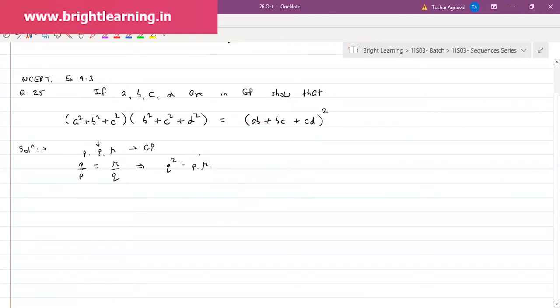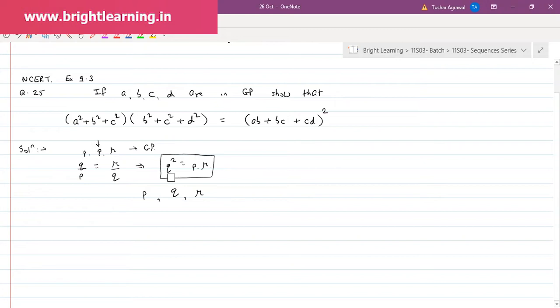So whenever you see a result of this format, square of a number is equal to the product of the other two numbers, we can immediately say that whatever number is squared is the middle number. Middle number means they form a geometric progression: write Q in between, and write P and R first and third.